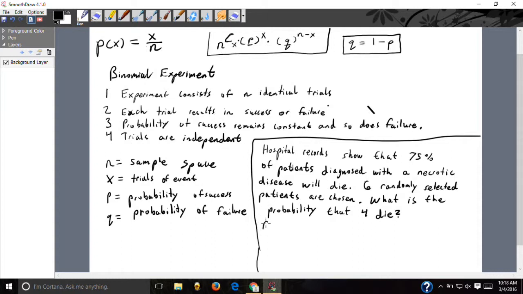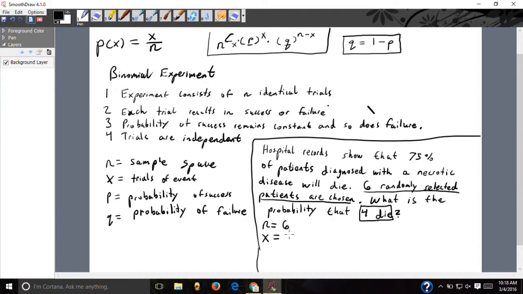So I know that n is our sample size. It said that 6 patients are randomly selected. So that is going to actually be my sample space. Now my x, the trials of the event. It says right here, what is the probability that 4 die? So that is my success trials.